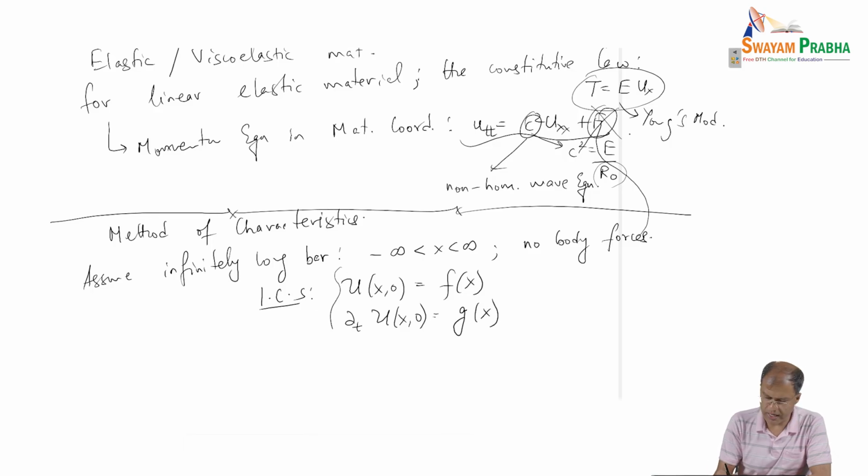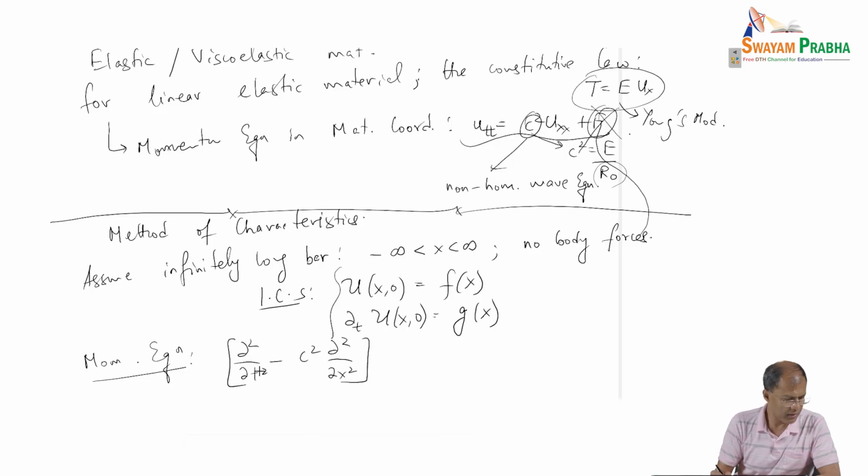From here I can rewrite the momentum equation, which is a 1D wave equation, this time homogeneous: partial t square minus c square partial x square of u is 0, or partial t minus c times partial x, times partial t plus c times partial x, of u is 0.